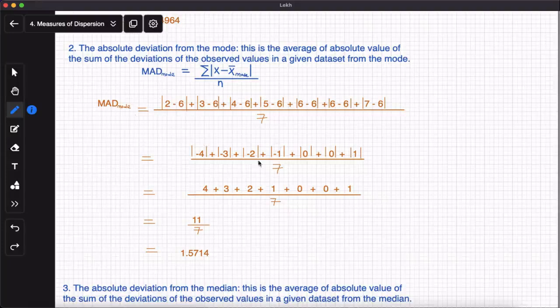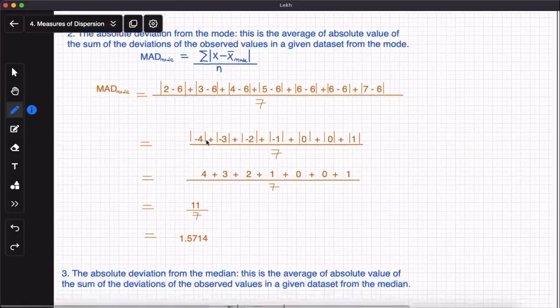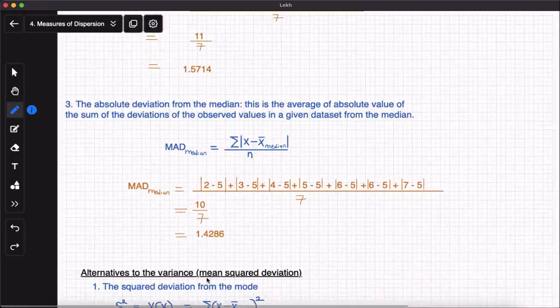And when you use the mode, in this case you call it the absolute deviation from the mode, not the absolute deviation from the mean. So that way it will give us this. And if you decide to use the median, we are going to have this. In that case, you are going to call it the absolute deviation from the median.